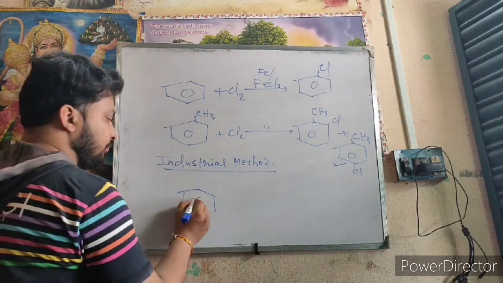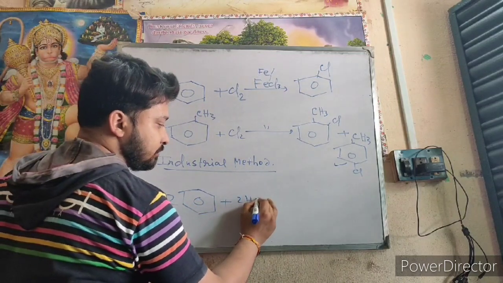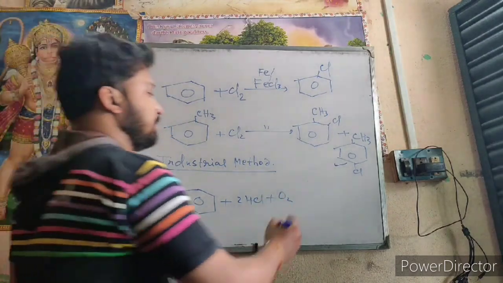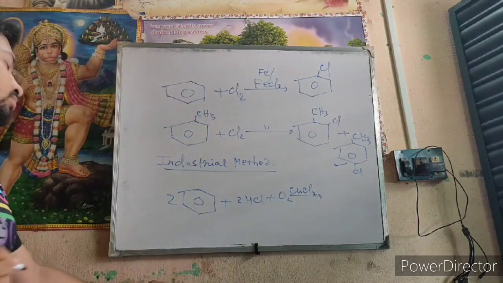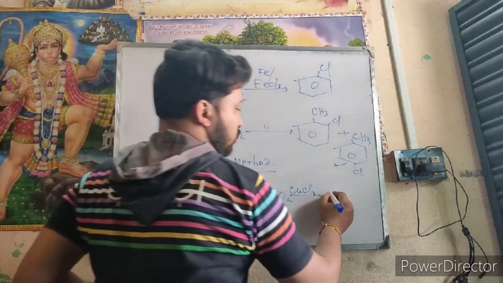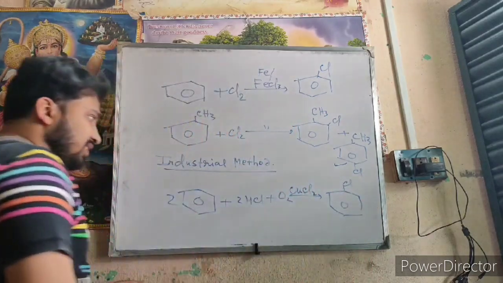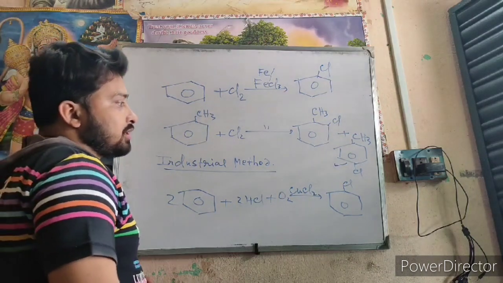This is benzene. You use HCl as acid and obviously oxygen in the presence of CuCl2, and you get chlorobenzene. This is the industrial method. Hope you understand.